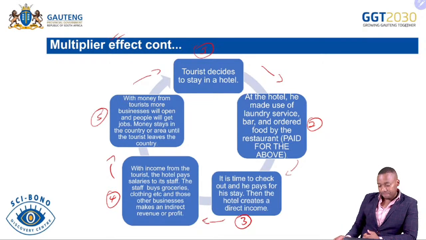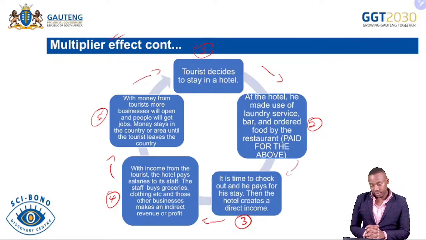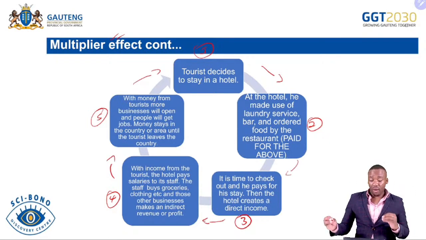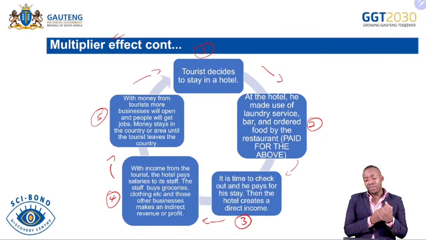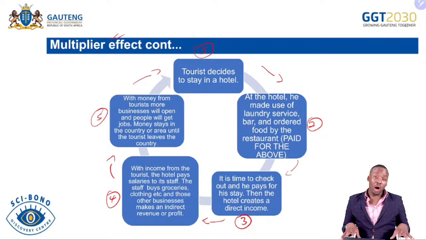We are still explaining the multiplier effect. The first one, we are saying this tourist has now arrived in South Africa, and then they decide, okay, let me first go to the accommodation sector. You need to know how to use tourism-related examples here.